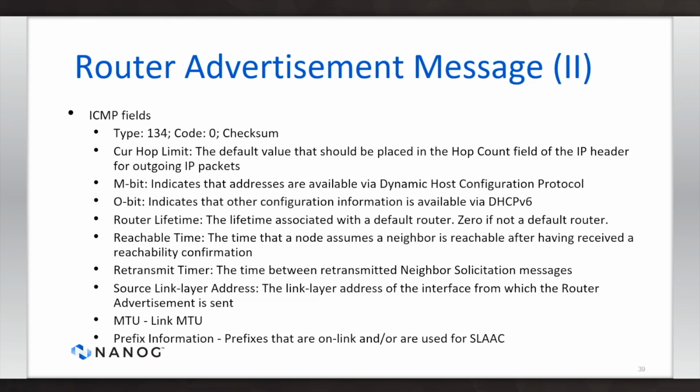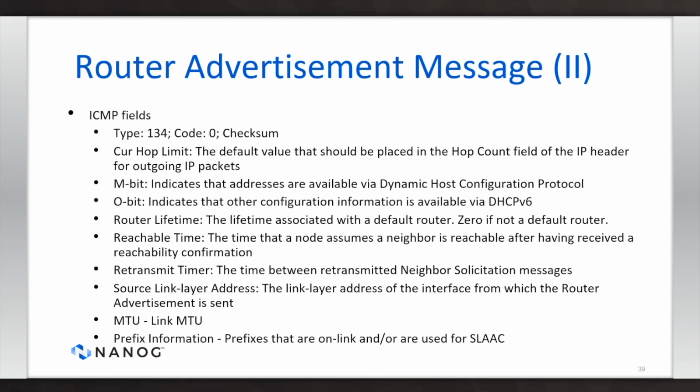Different implementations interpret them differently, and I won't go down that rabbit hole right now because it's kind of a long story. A router lifetime, and that's the lifetime associated with a default router. 0 if this router doesn't claim to be the default router. So if you're the default router, you say how long you want to be the default router. If not, you just say 0. A reachability time, a retransmit timer. Here's the important part, the source link layer address, and that's the link layer address of the interface from which the router advertisement was sent.